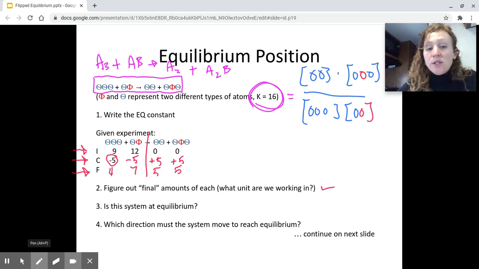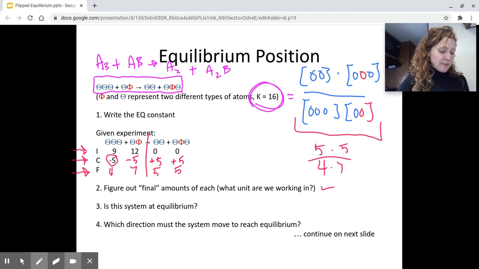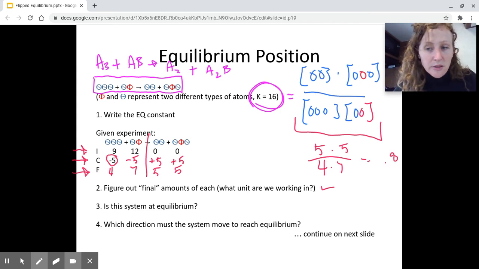Is this system at equilibrium? Well, I don't know, but we can use our K equation to find out. So let's plug them all in. 5 times 5 over 4 times 7. So 25 divided by 28 equals 0.893-ish.